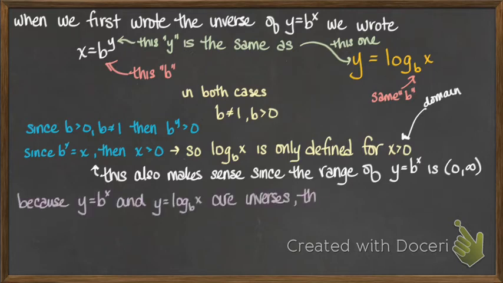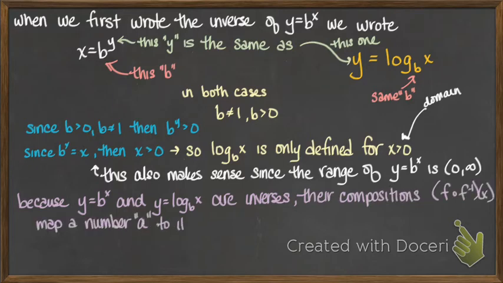Now, the other tidbit about them being inverses. When we compose these functions, f composed with f inverse at x, that takes the input value and spits the input value right back out again after having passed through both of those functions.